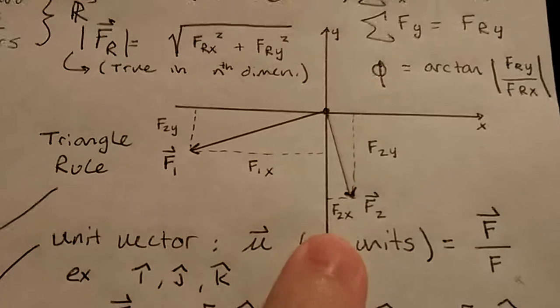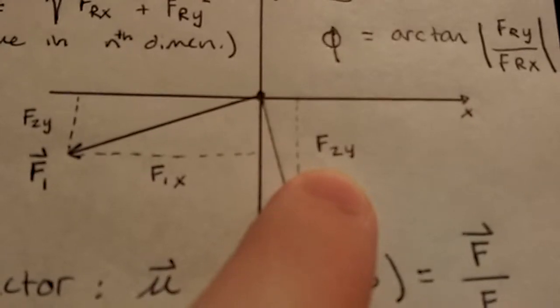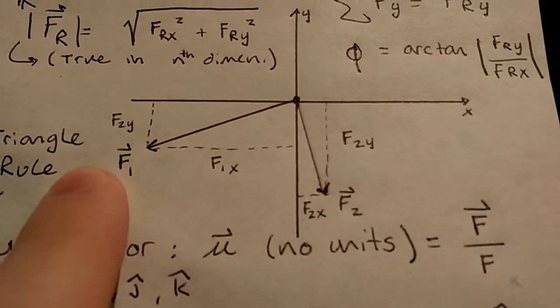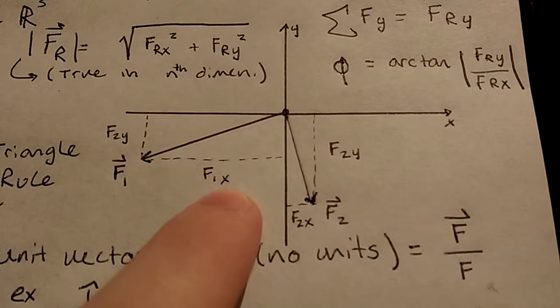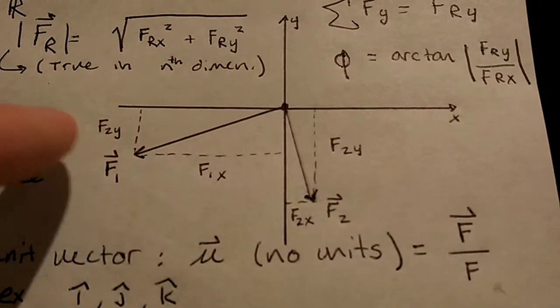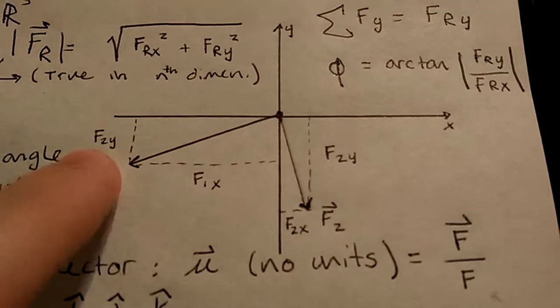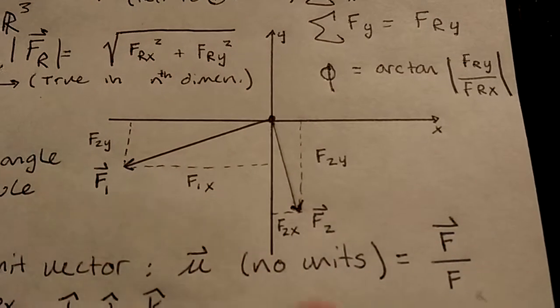So here we can split up our two vectors into their respective components with this nifty little notation. If this is F2 and this is F1, we have F2y and F1. That's not right, excuse me. That should be F1y. That's wrong, pardon me. This is F2y. I don't know why I drew that.